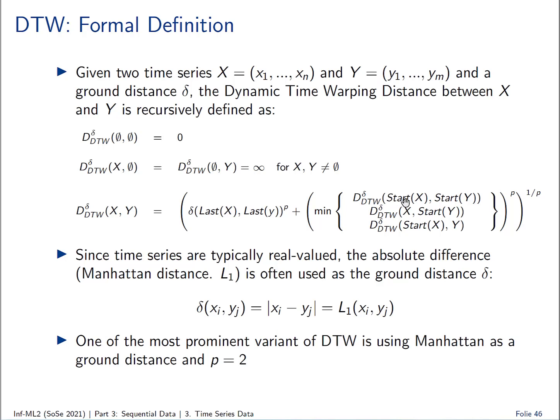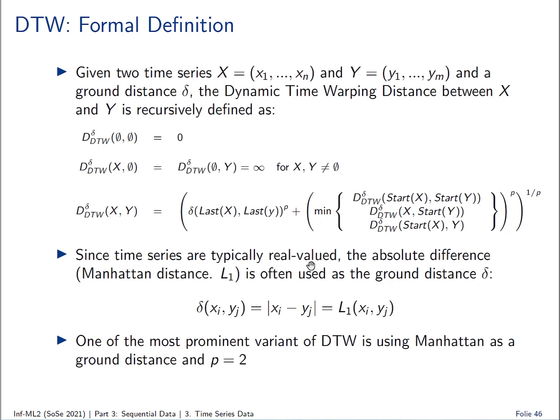You can stretch nothing, so you compare the last element of x and the last element of y, and then take the prefix of x and the prefix of y. So there is no stretching in this case. Or you can stretch x by holding x as it is and looking at the prefix of y. Or you can stretch y by looking at the prefix of x and holding on at the last position of y. And of course, in all those three cases, you get something, and you take the minimum out of that.